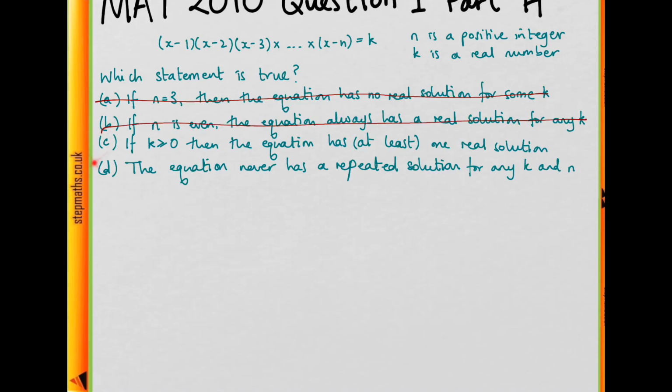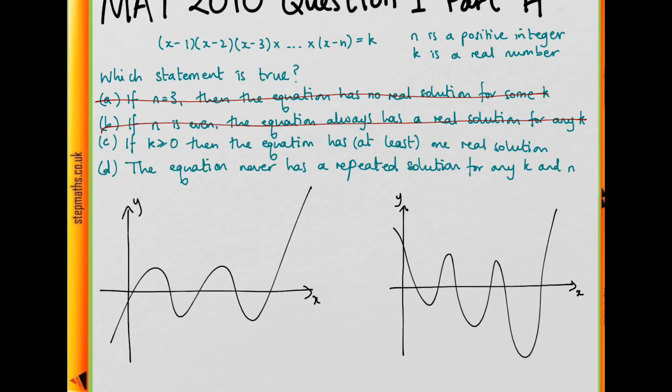Okay, so what about these last two statements? Well, for C, if k is greater than or equal to 0, our polynomial is either going to be odd, so it'll go off to minus infinity when x goes to minus infinity and to infinity when x goes to infinity, with a bit of a squiggle in the middle.